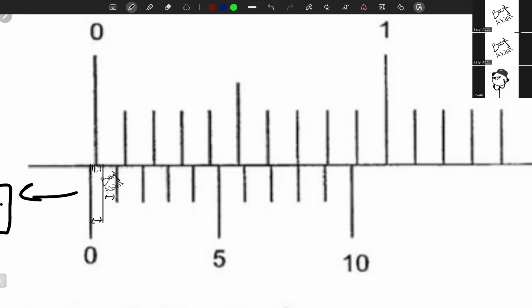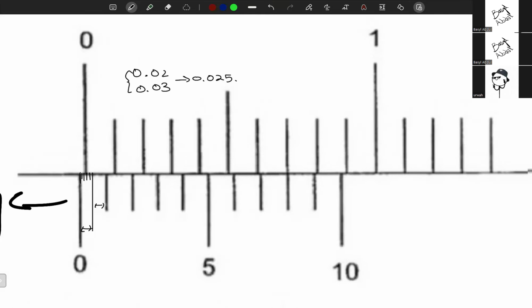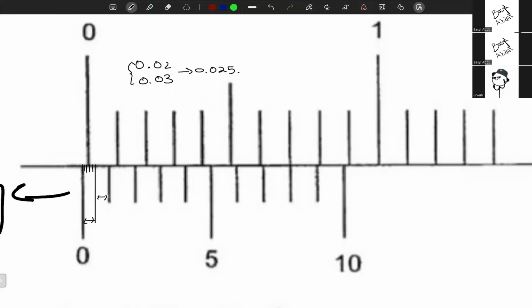So then it's a good approximation. You could take 0.02 or 0.03, or you could also take 0.025, which lies in between the two. So is that clear? Yes, that is clear.